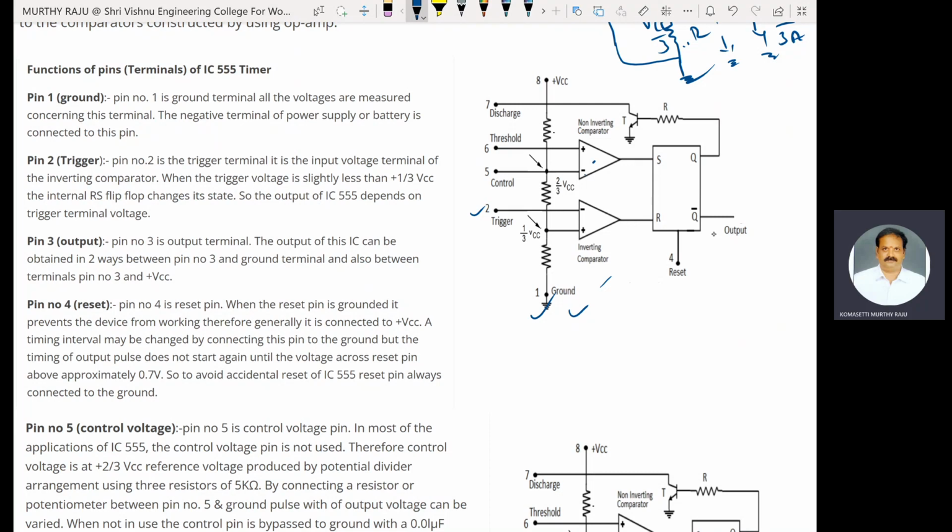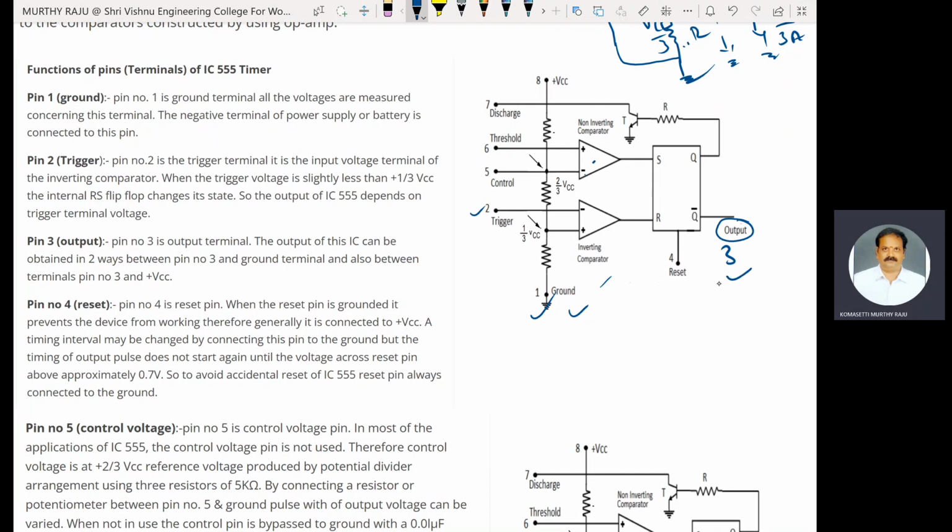So the output of the IC 555 depends on the trigger terminal voltage. This is the output terminal, pin 3. The output of this 555 timer IC totally depends on the trigger voltage applied at the non-inverting terminal of the comparator. Pin number 3.